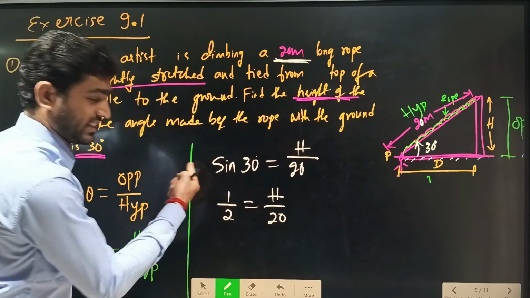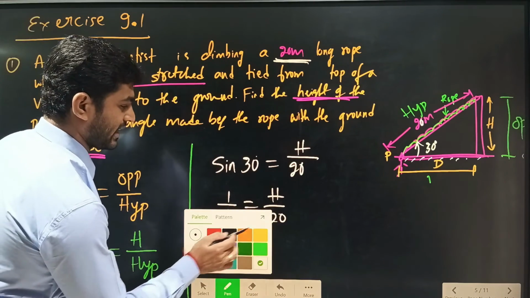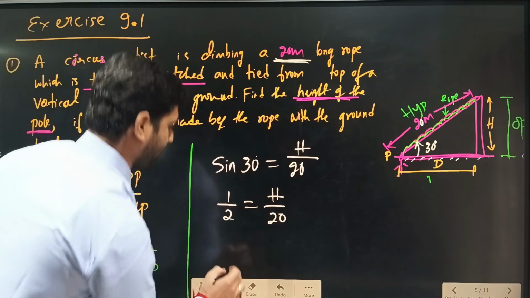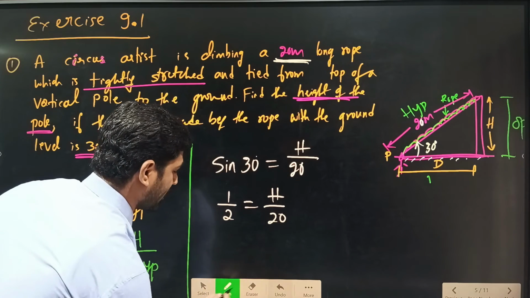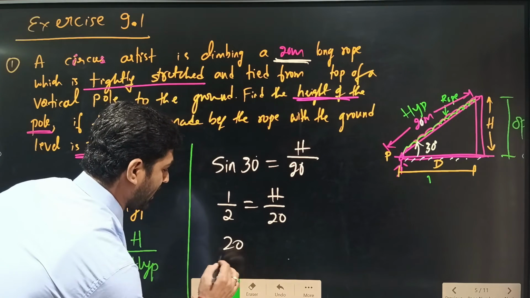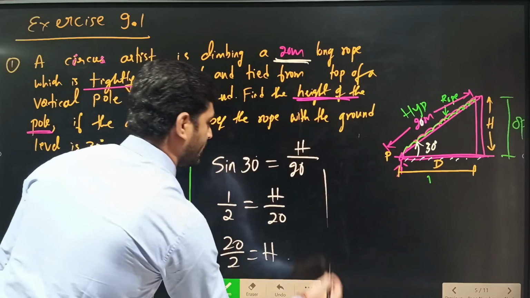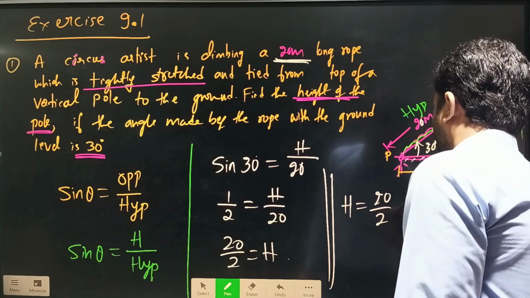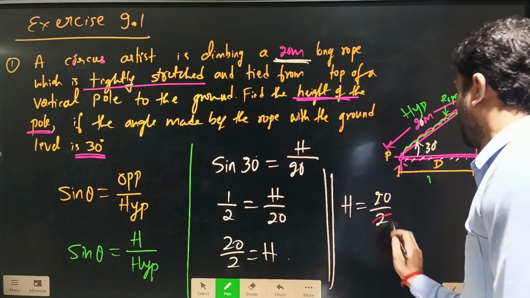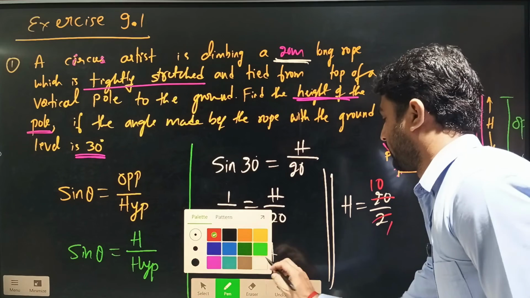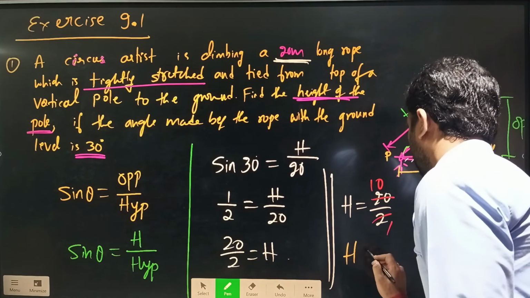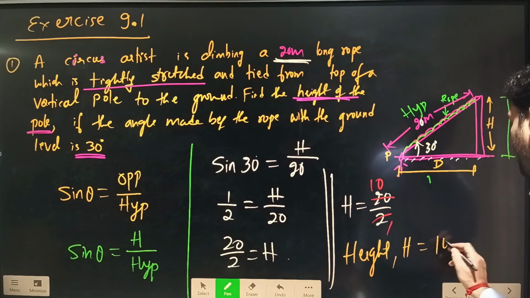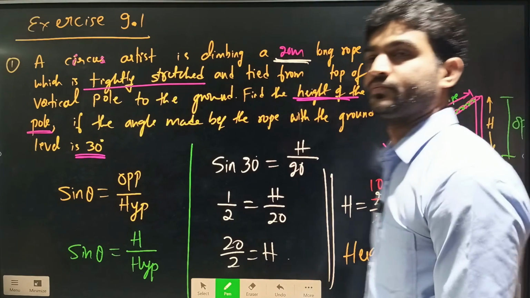Now if you send 20 to this side, the denominator comes to this side and becomes multiplication. So you can write 20/2 equal to h. Or else h is equal to 20/2. It means 2 tens are 20, therefore the final result, h, the height of the pole, is 10 meter. That's it. This is your result.